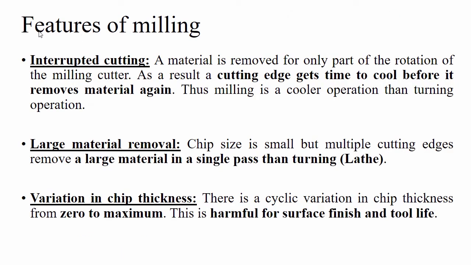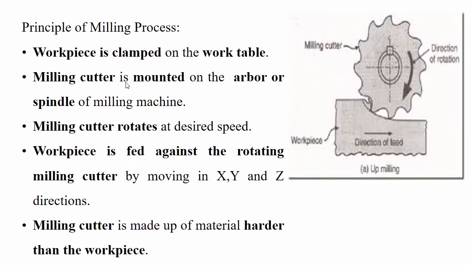So what are the features of milling operation? One is that it is going to be interrupted cutting. It is not a continuous material removal. For example, if you take this point of cut, this is going to remove the material.